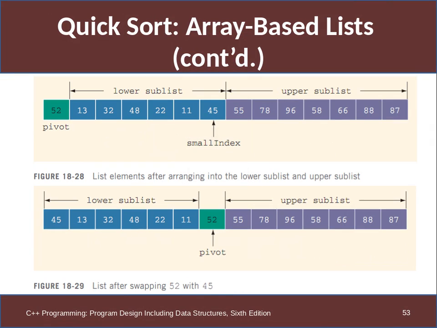So when we're at this point, small index is pointing here, pivot's here. What do we need to do next? Now that we have those two, all right, go for it.